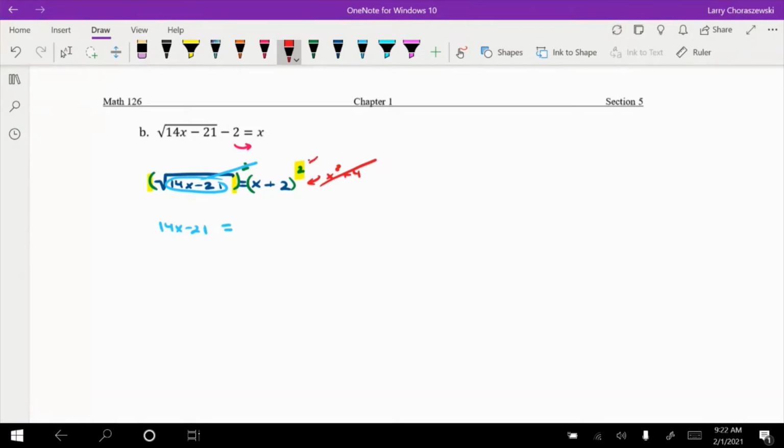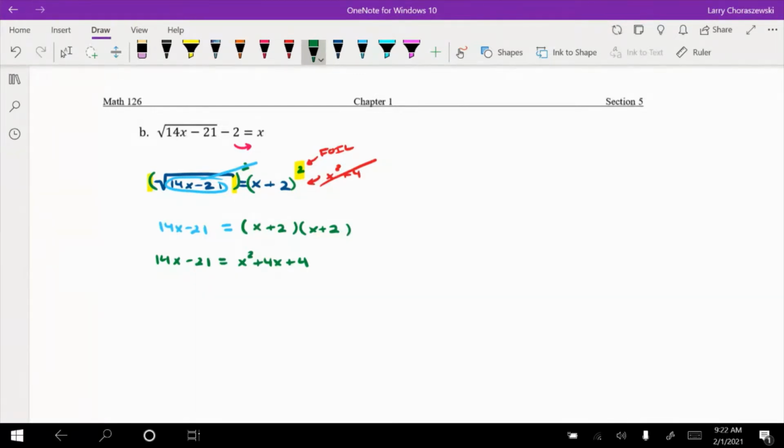This power of 2, just remember guys, this means that we're going to have to FOIL, okay, meaning that there are 2 copies of x plus 2 being multiplied together on the right hand side. Now when you FOIL that, you're going to get x squared plus 4x plus 4, and you'll still have 14x minus 21 on the left.